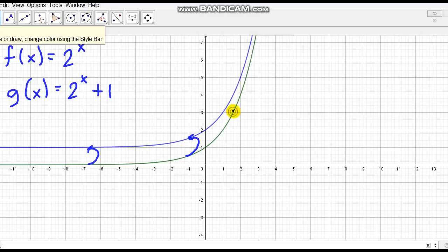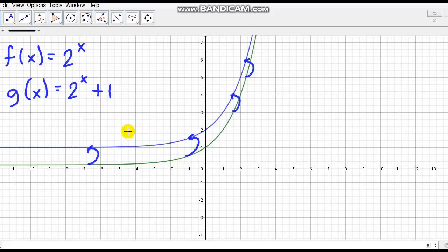So if k is greater than 0 and it increases, then the graph moves upward. We can see here that if k increases, the graph shifts k units upward.